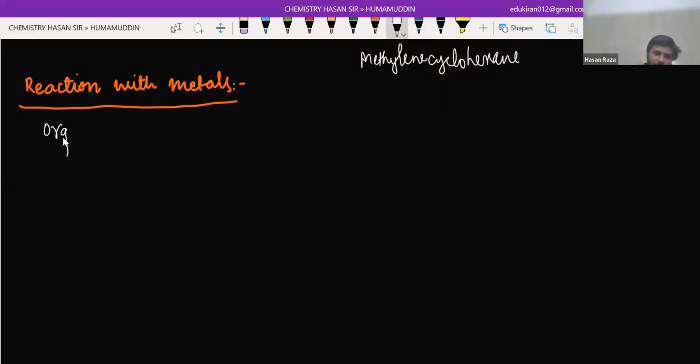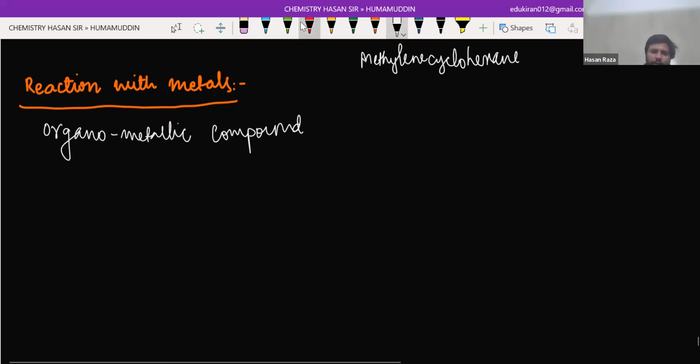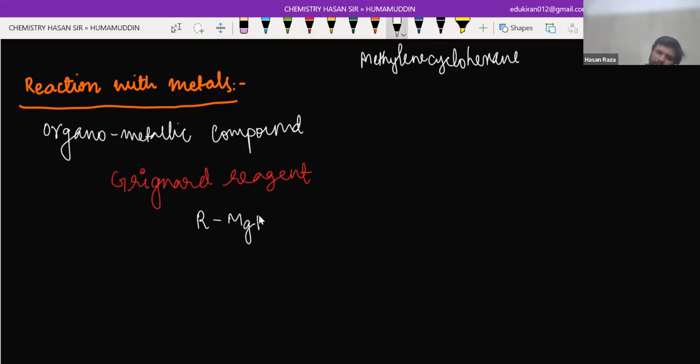That compound has an original name that we call organometallic compound. So basically what happens here, for example, Grignard reagent. This Grignard reagent is your organometallic compound, and it is basically RMgBr.